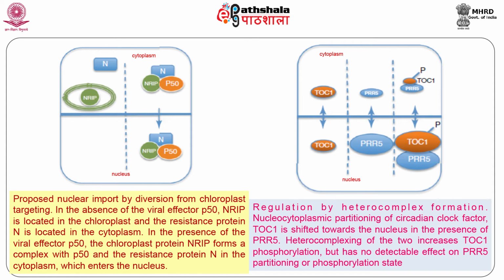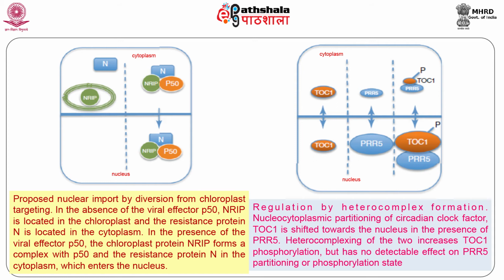In uninfected plants, the chloroplast protein NRIP1 is located in chloroplast and the other resistance protein N is located in cytoplasm. So, the resistance protein does not enter the nucleus.